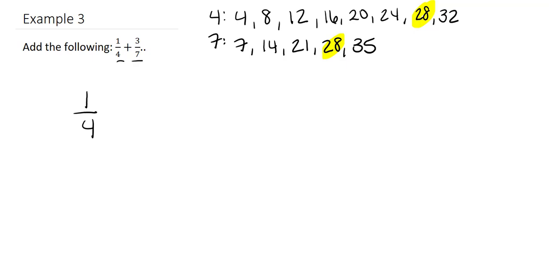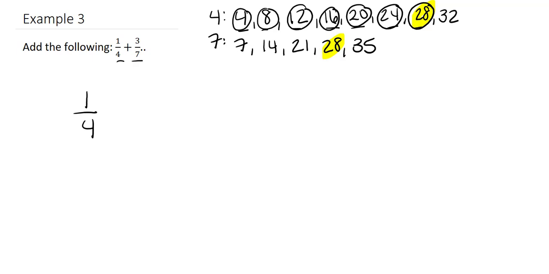Well, you can see that we have 4, 8, 12, 16, 20, 24, 28. Well, 4 times 7 is 28. If you aren't sure, just count the numbers we have. So we have 1, 2, 3, 4, 5, 6, 7.